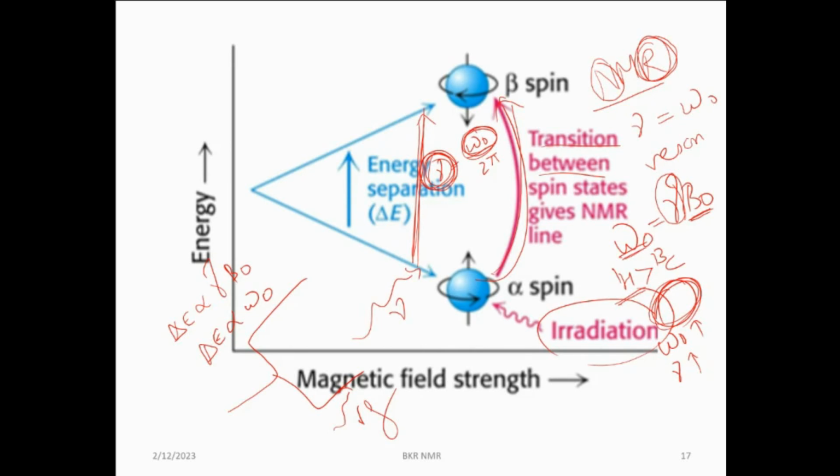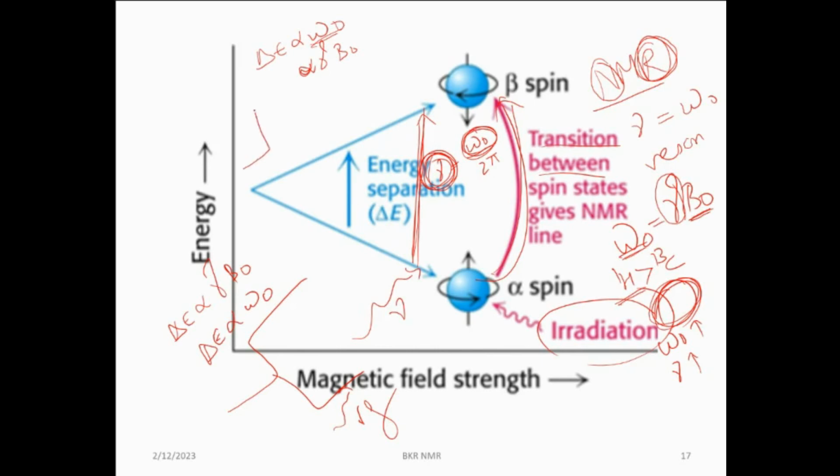Since delta E is proportional to omega 0, and omega 0 is equal to gamma into B0, the splitting energy depends upon gamma B0, or omega 0, or how I'm processing. So if a nucleus precesses differently, its splitting energy will be different.